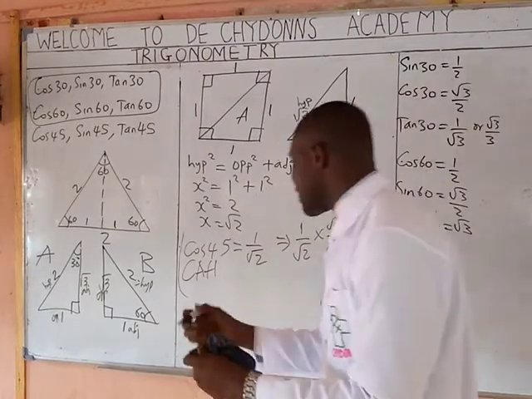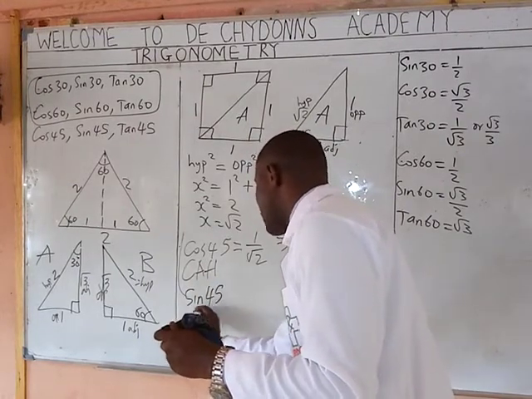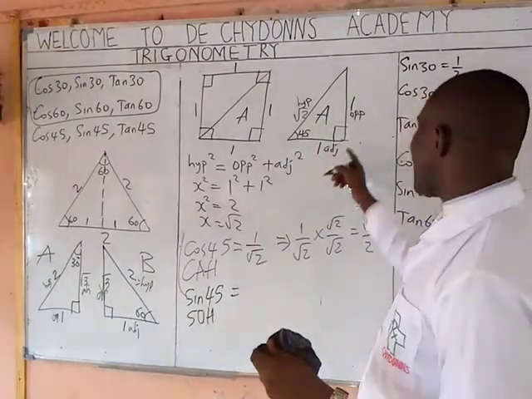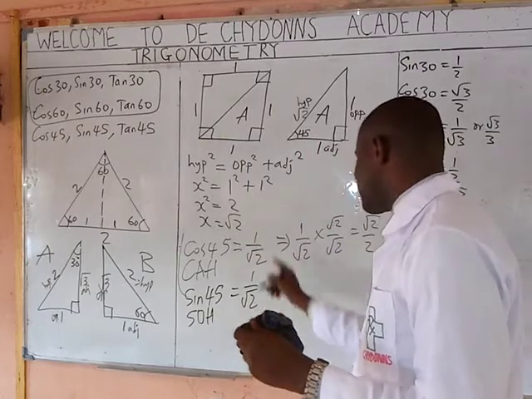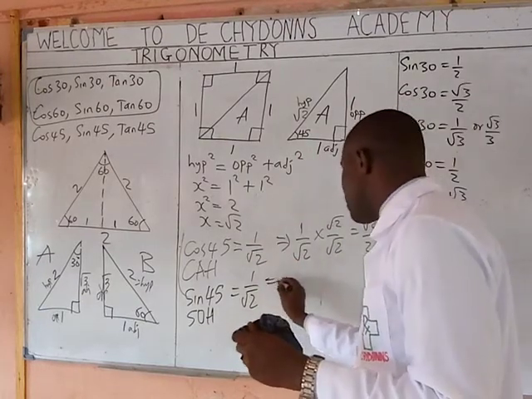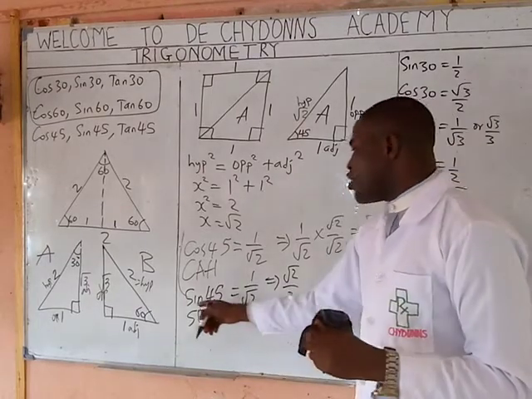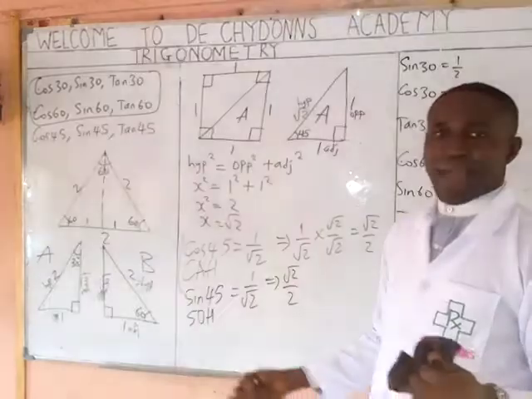Sin 45 is opposite over hypotenuse, 1 over root 2, which is also root 2 over 2. It means that when you press sin 45 in the calculator and when you press root 2 over 2, they will give you the same answer.